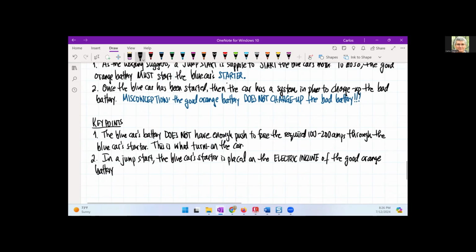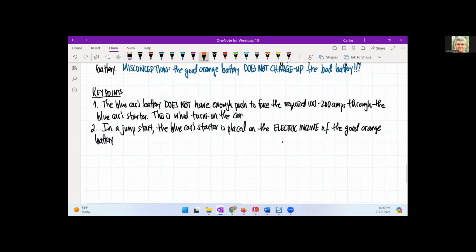So once it's there, what you're seeing here is that now I have my incline, and so when I'm looking at this, this is telling me that the good battery is setting up an incline.